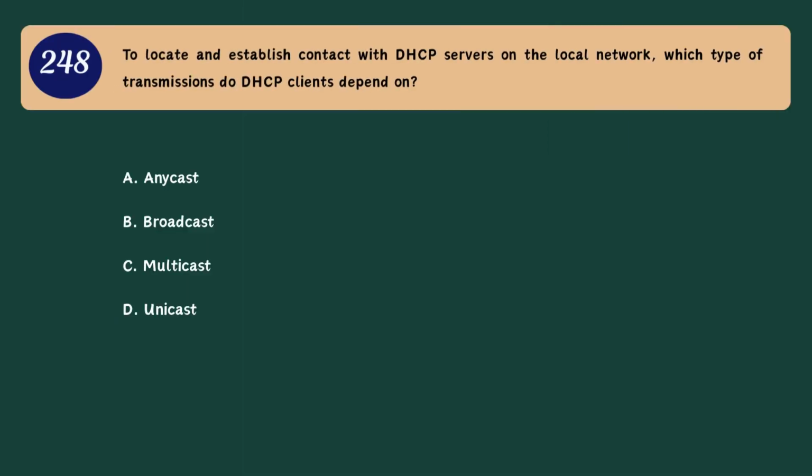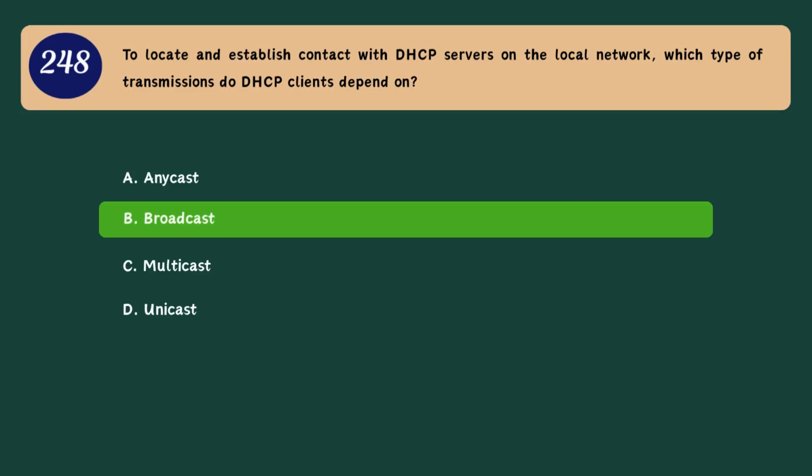Question 248. To locate and establish contact with DHCP servers on the local network, which type of transmissions do DHCP clients depend on? A. Anycast. B. Broadcast. C. Multicast. D. Unicast. Correct answer.